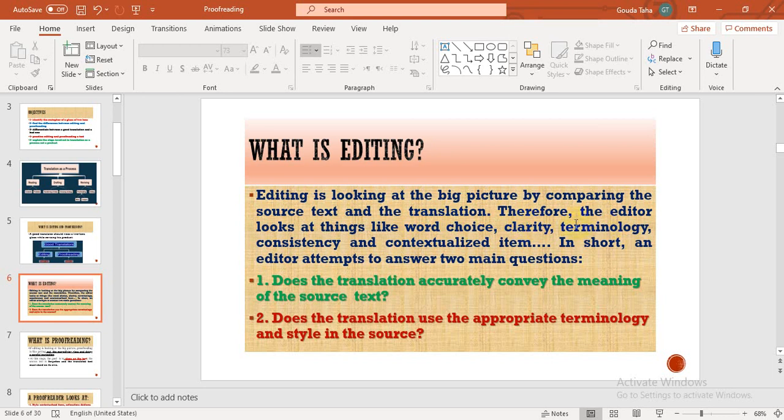And terminology. Have you caught all the terminology involved? And consistency. Is the text consistent? Is the information consistent with each other, or contextualized items? And we are going to go into contextualized items and how to achieve clarity and consistency.